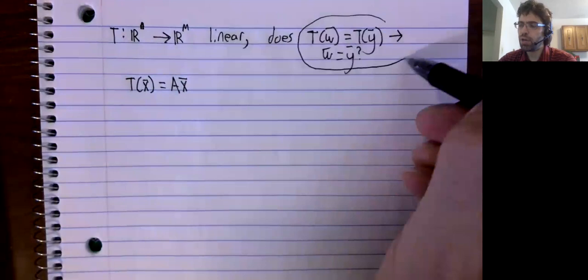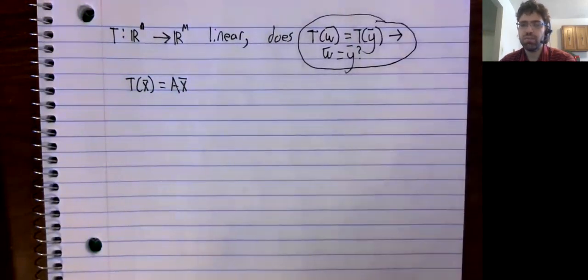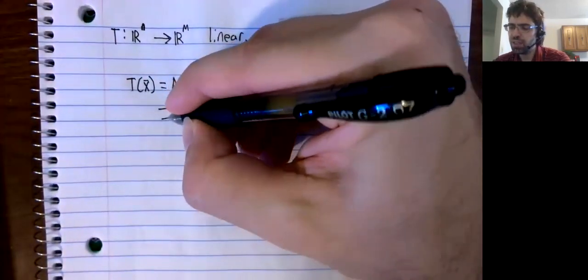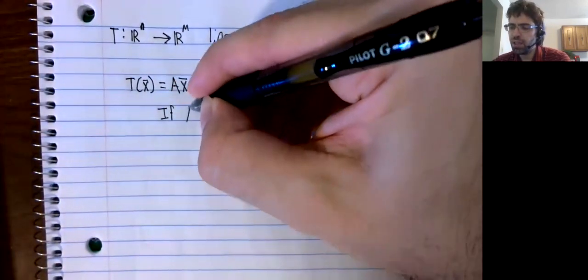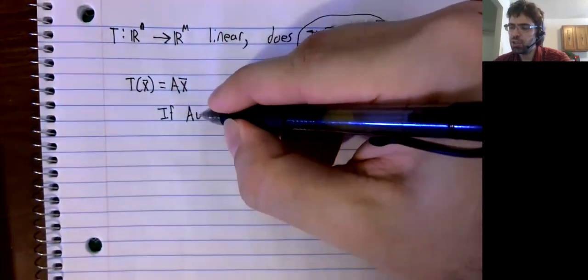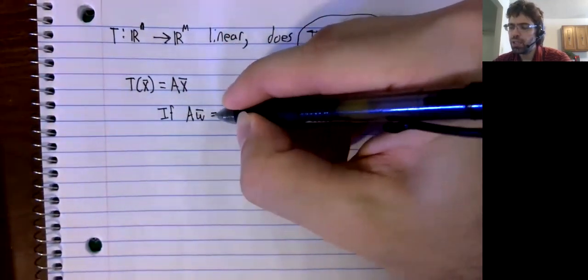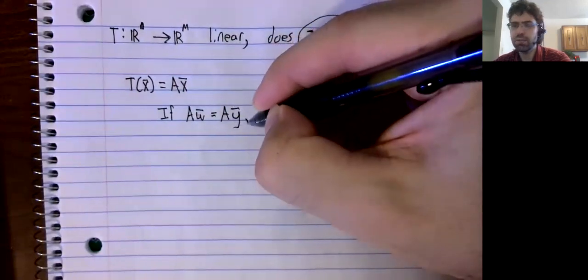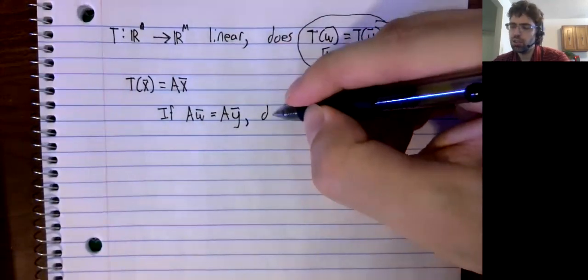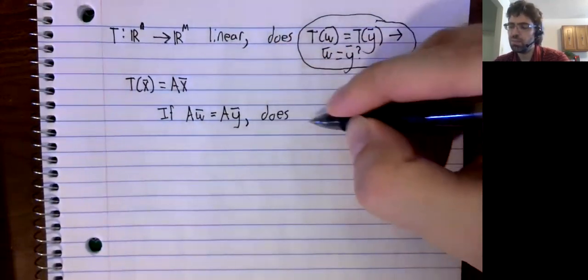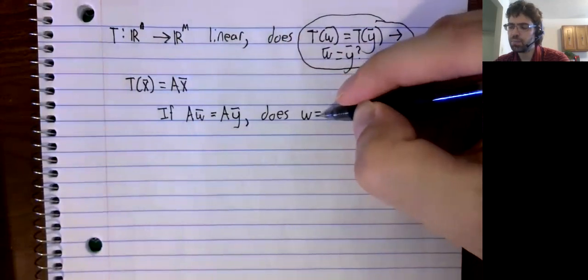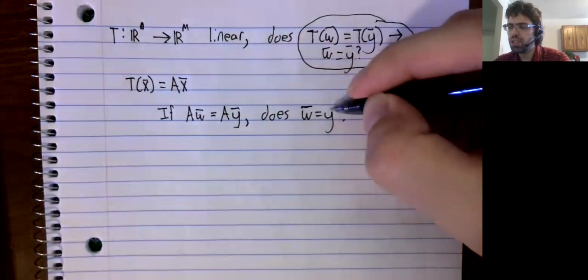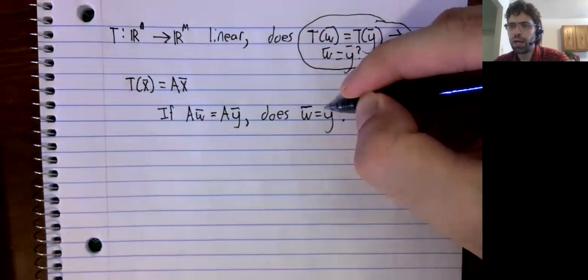And what we're asking, reframed in terms of this, is if AW equals AY, does this imply that W equals Y?